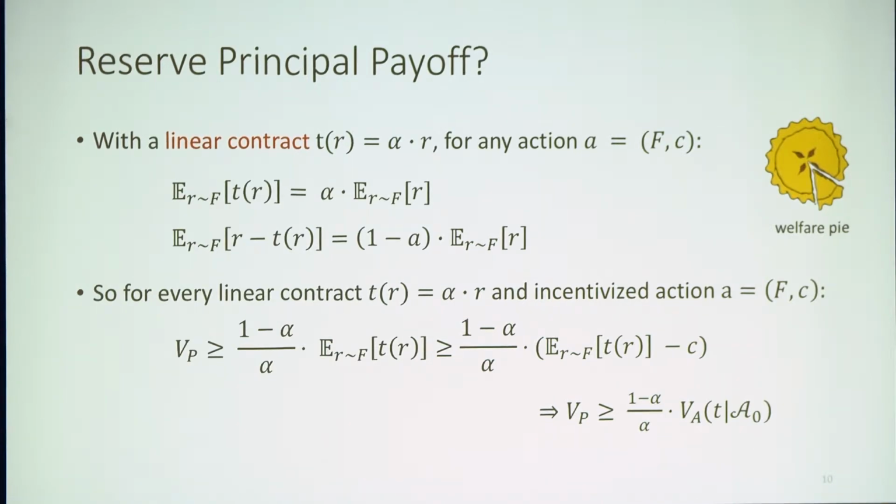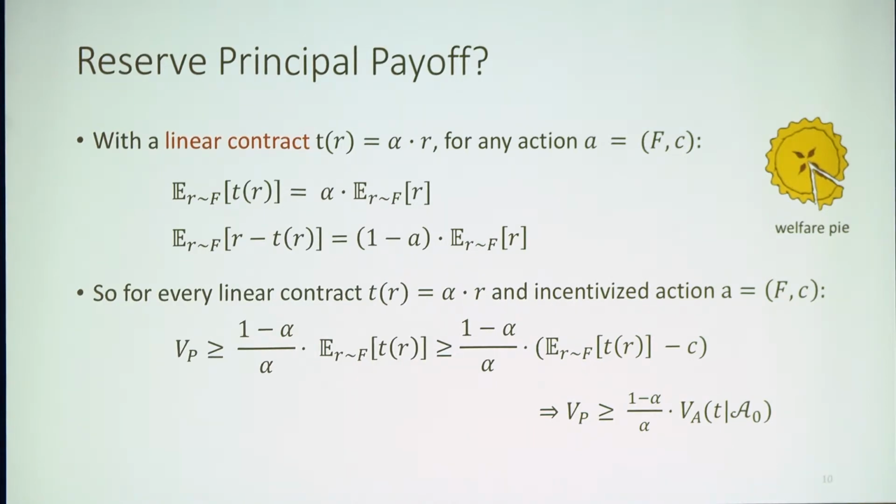So that's the expectation of T of R. Of course, that's simply alpha times the expected reward, because T of R is just alpha times R, and I can pull out the alpha. And similarly, the expected reward to the principal, so reward minus payment, will be just 1 minus alpha times the expected welfare, right? So if you view this expectation of R as the expected welfare, then it's split into alpha and 1 minus alpha between the two.